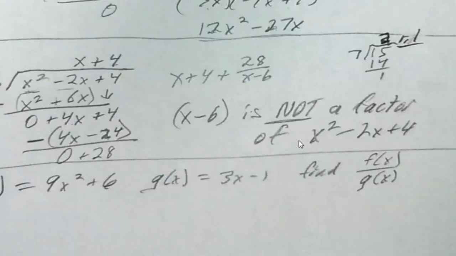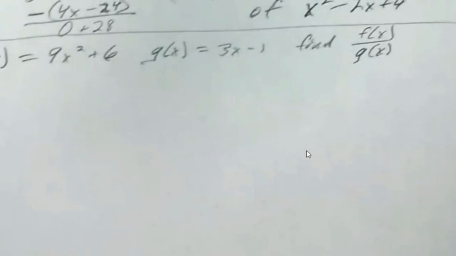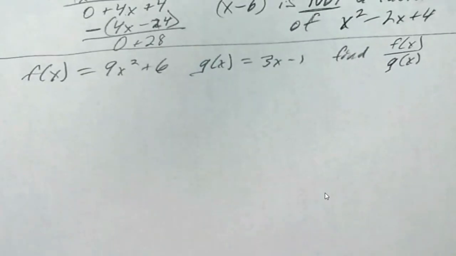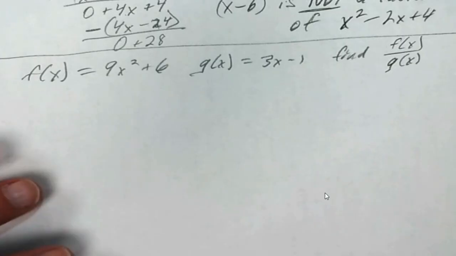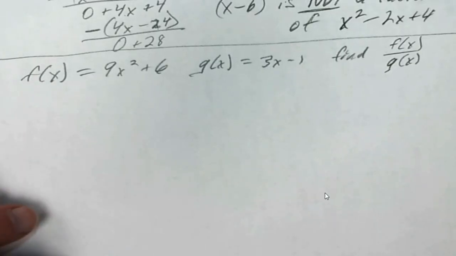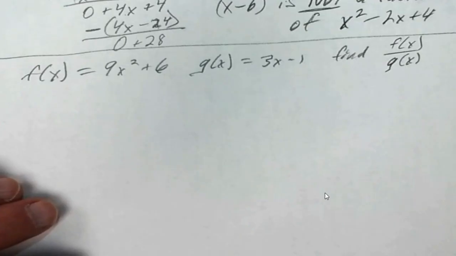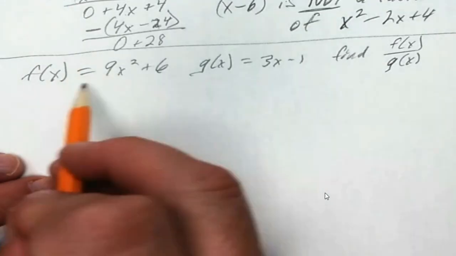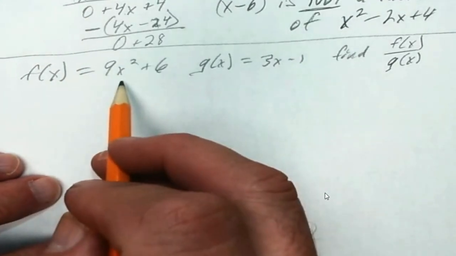Okay, here is another problem that is very, very critical to understand, because this is where we will make mistakes. We have f of x that equals 9x squared plus 6.